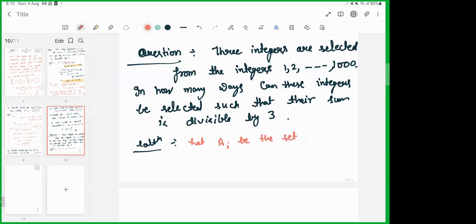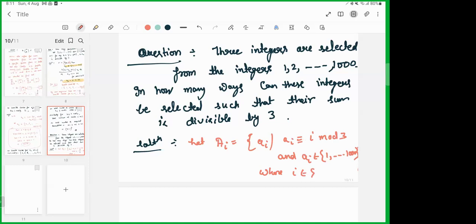Let me write it this way: let A_i equal the set of a_i such that a_i is congruent to i mod 3 and a_i belongs to 1 up to 1000, where i belongs to 0, 1, 2. This is my set A_i.